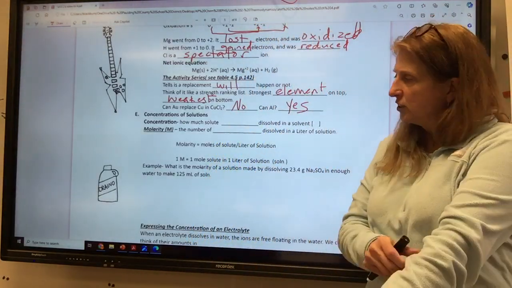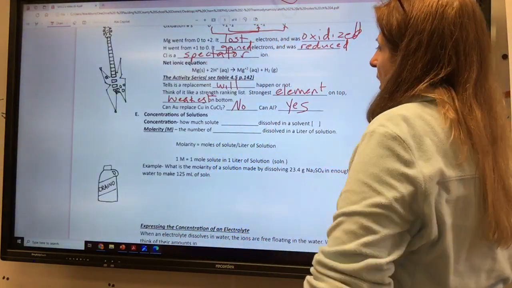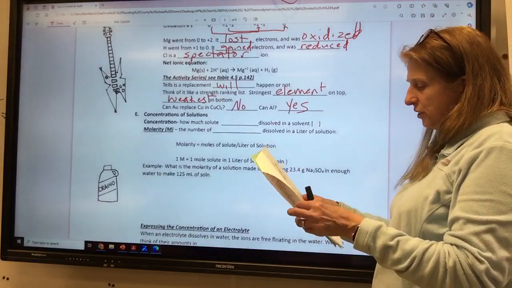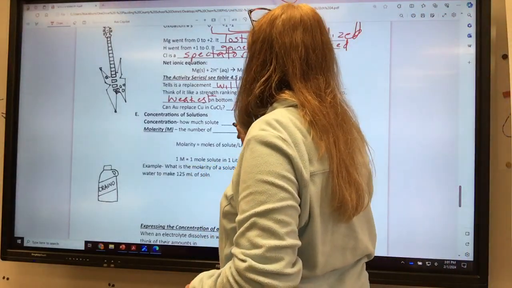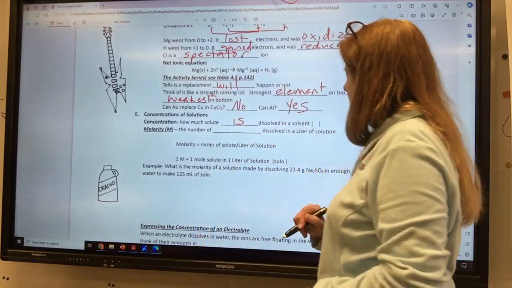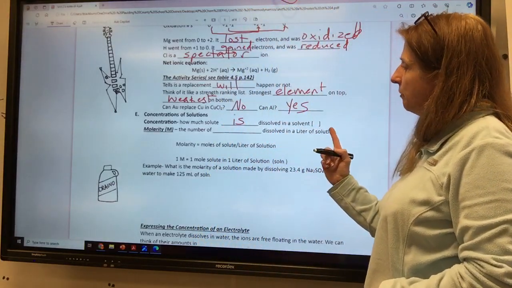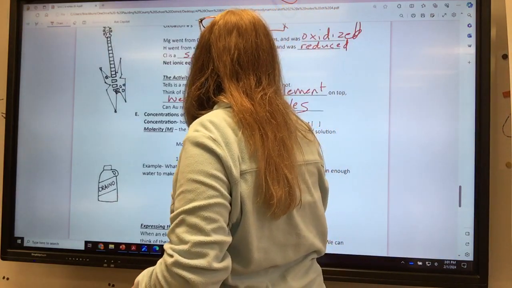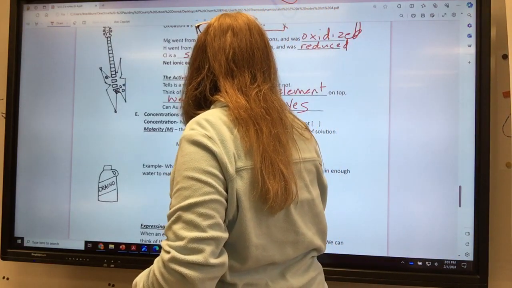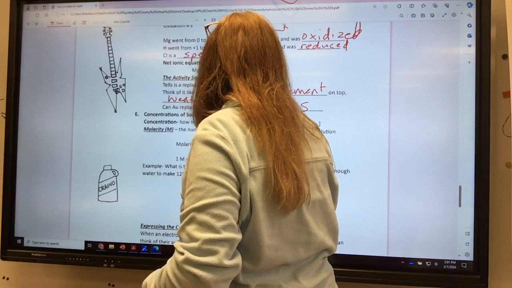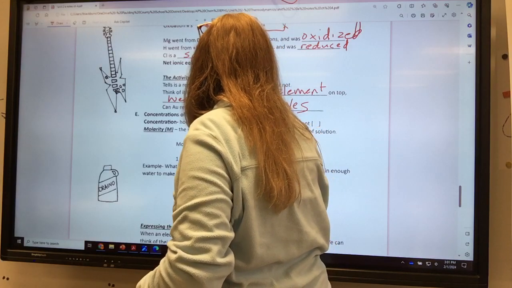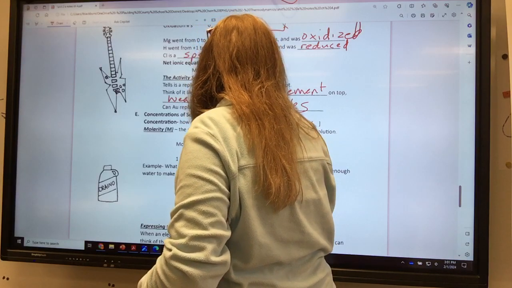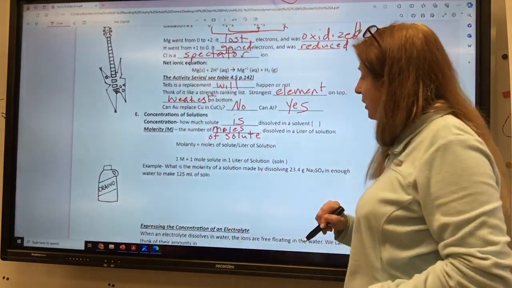Okay, concentration of solutions. Concentration tells you how much solute is dissolved in a solvent. The symbol is square brackets. Molarity tells you the number of moles of solute dissolved in a liter of solution.